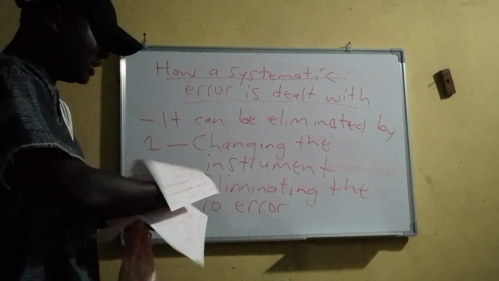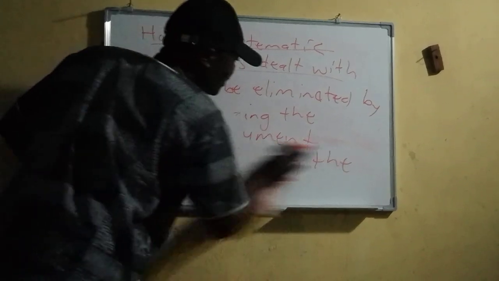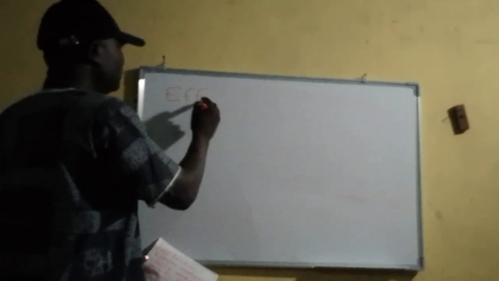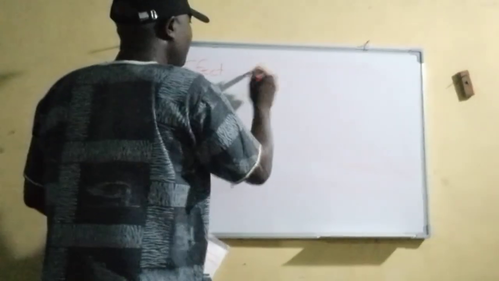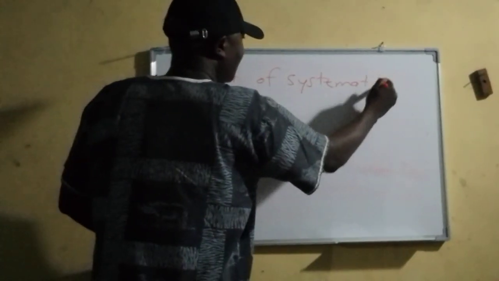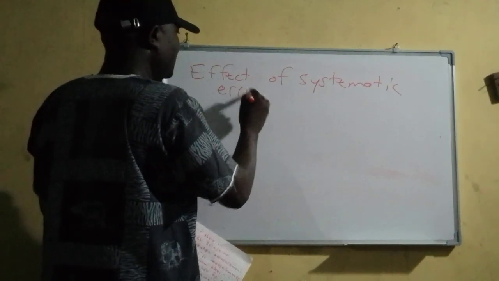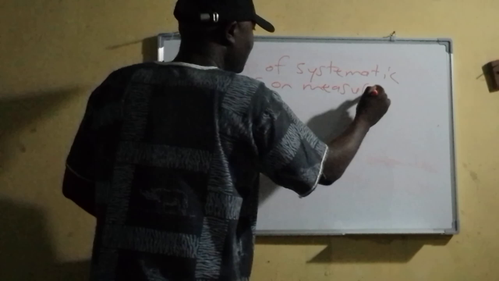Effect of a systematic error on measurements. It's very important that we consider the effects of a systematic error on measurements.